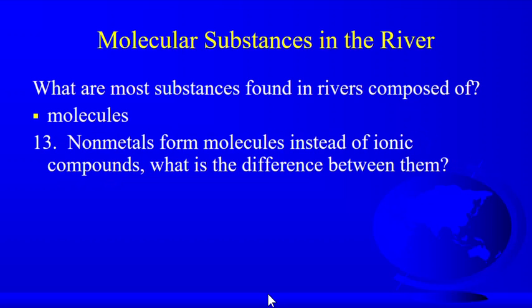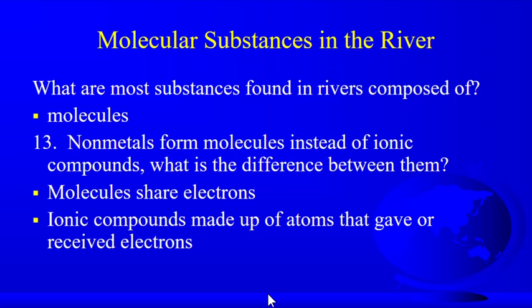Non-metals form molecules instead of ionic compounds. What is the difference between them? Molecules share electrons. Ionics give or take electrons. Moleculars share electrons, whether evenly or unevenly.